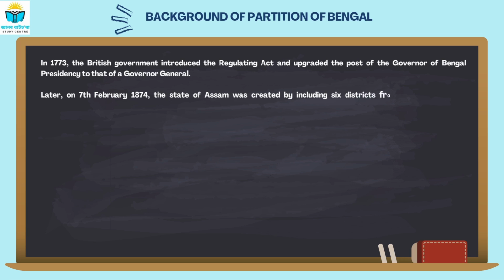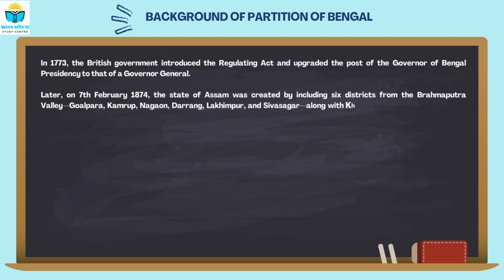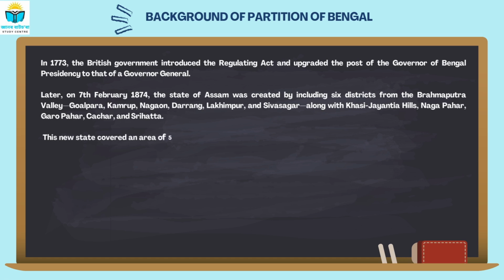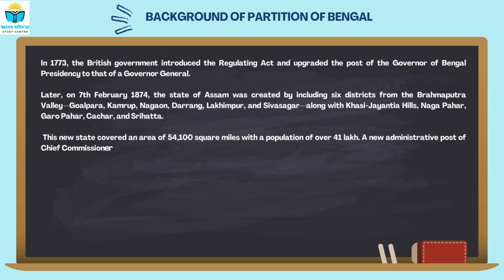Later, on 7th of February 1874, the state of Assam was created by including 6 districts from the Brahmaputra Valley: Golpara, Kamrup, Nagaon, Darang, Lakhimpur, and Sivasagar, along with Kasi Jayantia Hills, Naga Pahar, Garo Pahar, Kachar, and Srihatta. This new state covered an area of 54,100 square miles with a population of over 41 lakh.